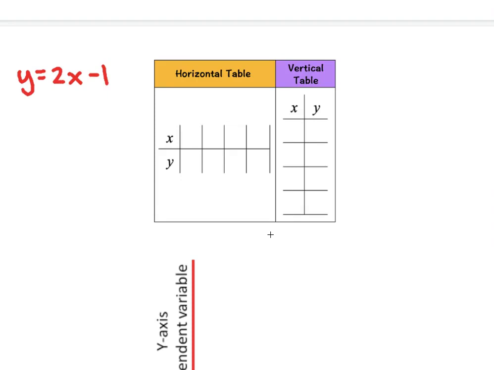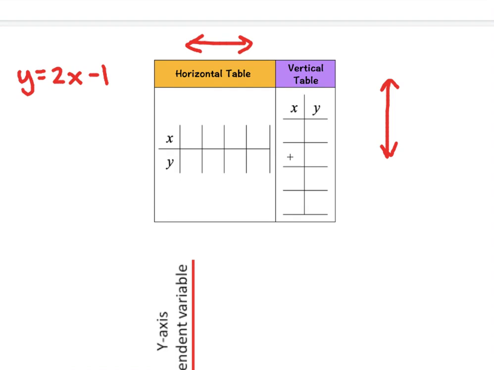So I've laid out two different types of tables for you. You can either create a horizontal table, and horizontal just means going from left to right, or you can create a vertical table. Vertical tables go up and down. Either way, we're going to fill out both of them to show you that they're both the same, they just look a little different.